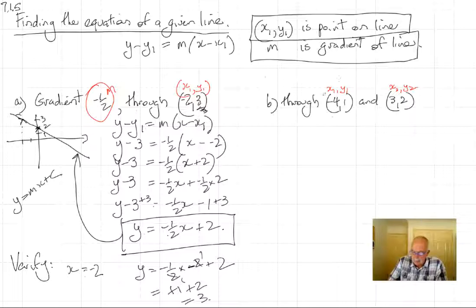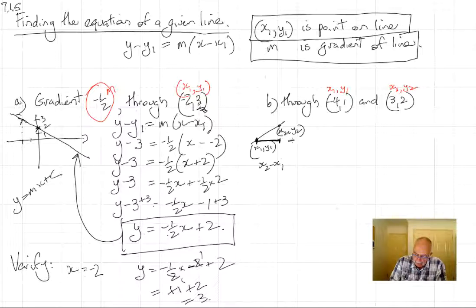So we've got a point on the line, but we don't have a gradient. Now if you've got 2 points, x1, y1 and x2, y2, on the line, then from here to here will be that x coordinate minus that x coordinate. So this is x2 minus x1.